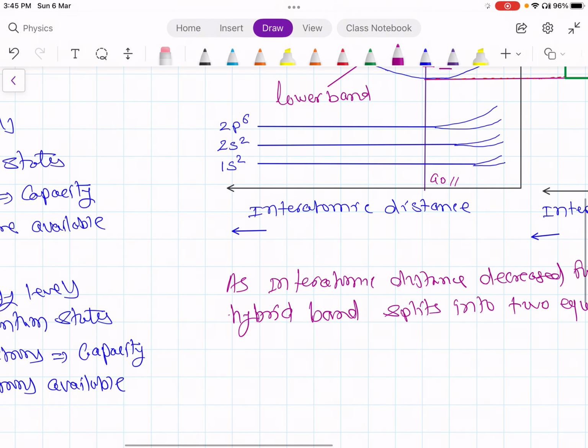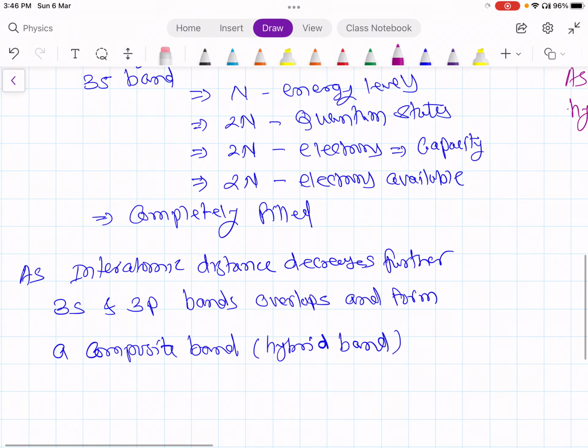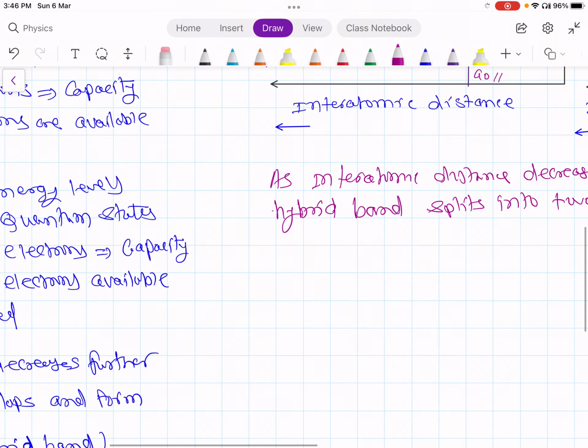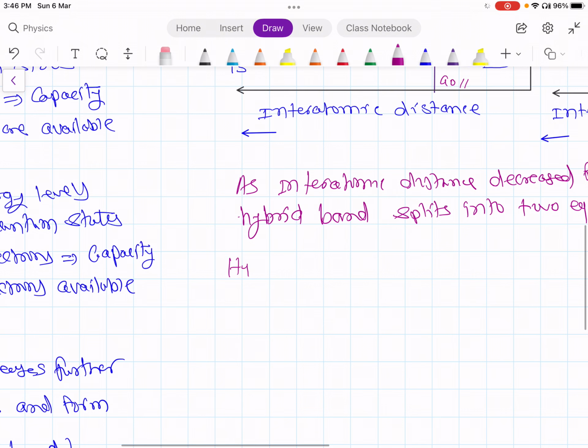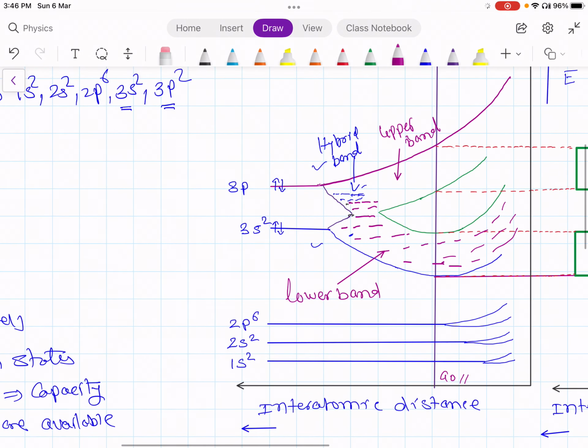Let us find out now how many energy levels are there in the hybrid band. Consider the hybrid band here. The hybrid band is a composite band of 3p and 3s.